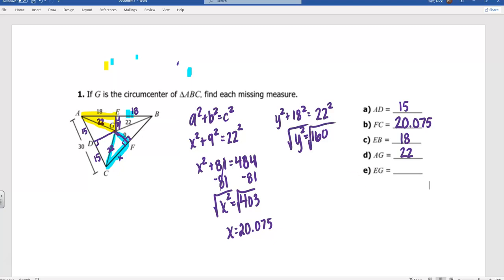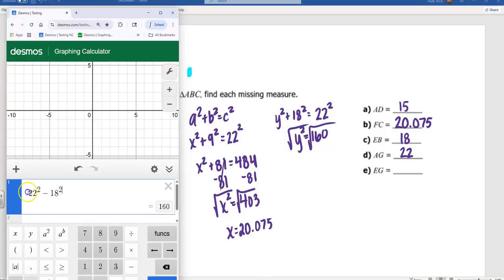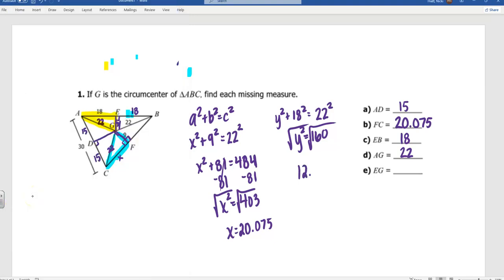So we get 12.649. There. So that'll fill out that triangle.